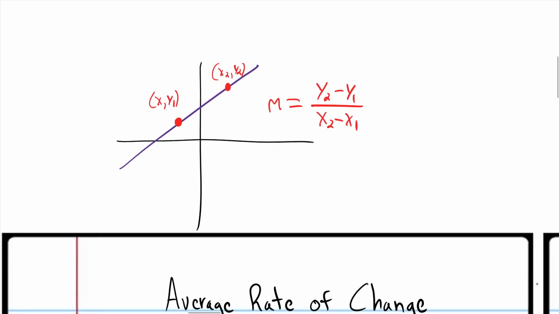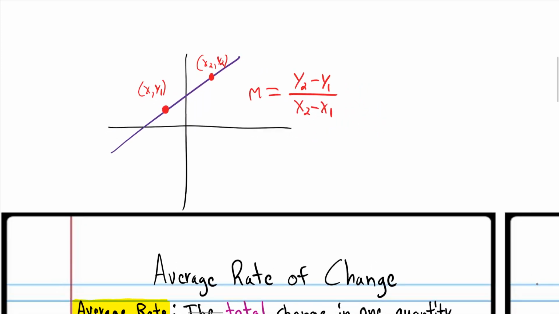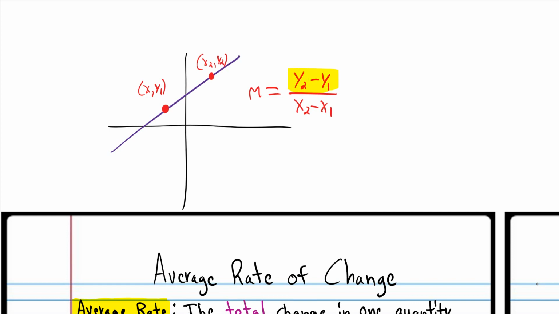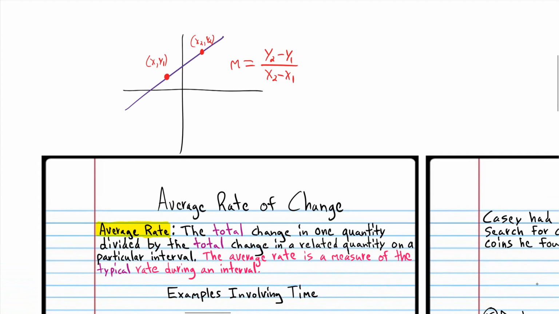So here we have a perfect example of the average rate of change, the total change in one quantity divided by the total change in another quantity. Slope is an example of average rate of change.